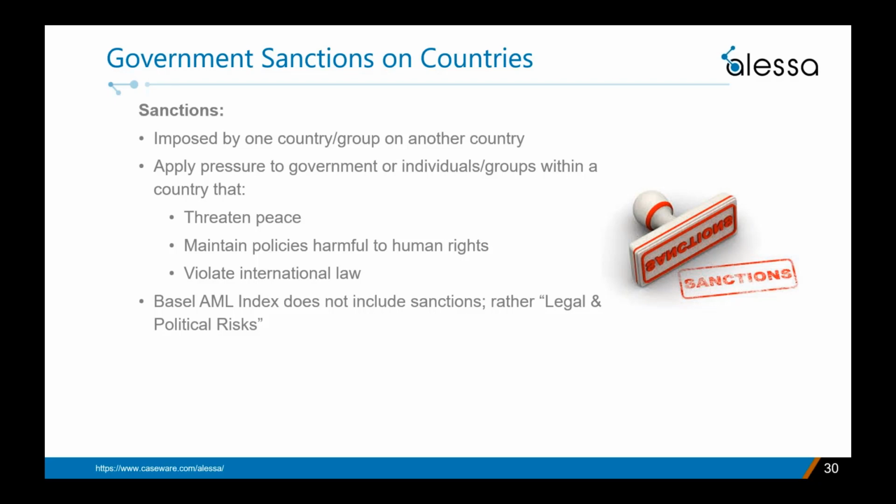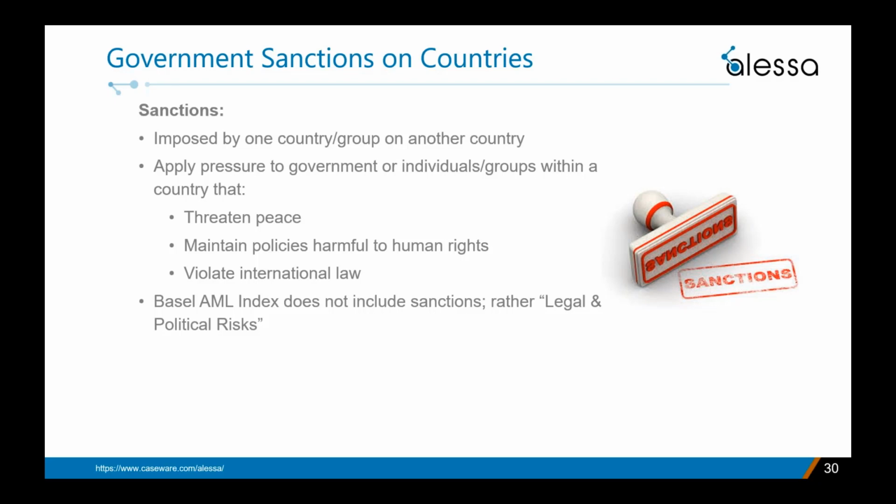Now, Basel does have a risk factor that they call legal and political risks. And it covers such risks as they're associated with media freedom and the strength of the rule of law in a country. However, it's my opinion that countries on which government sanctions have been imposed should be included in a financial institution's country money laundering risk model.